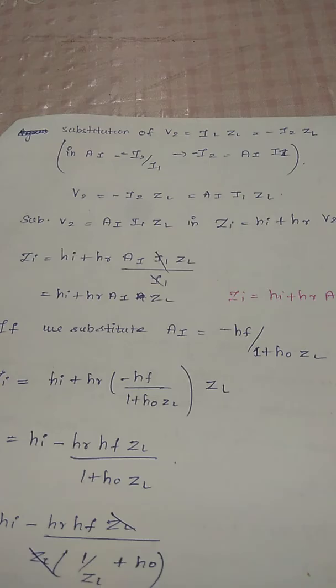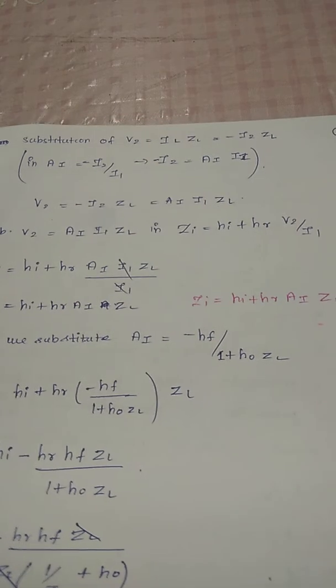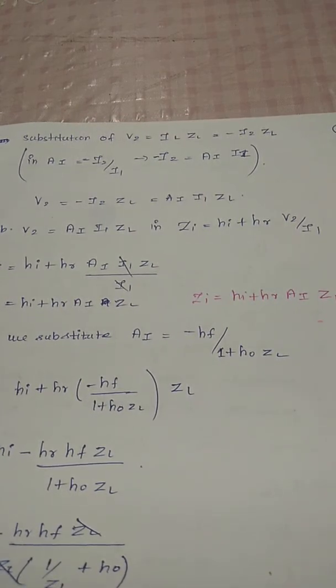So now if you see this substitution of V2, already I know V2 is equal to IL ZL. Instead of IL we can put minus I2. Now I know AI is equal to minus I2 by I1.